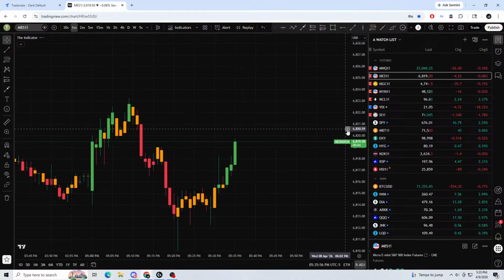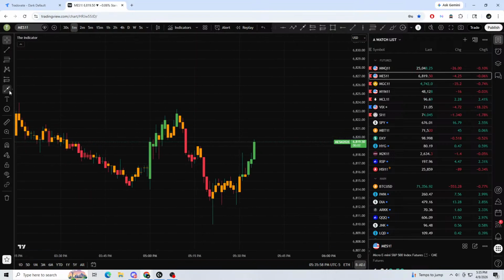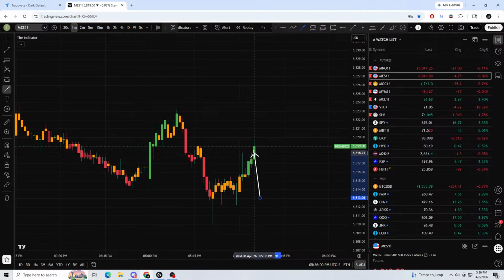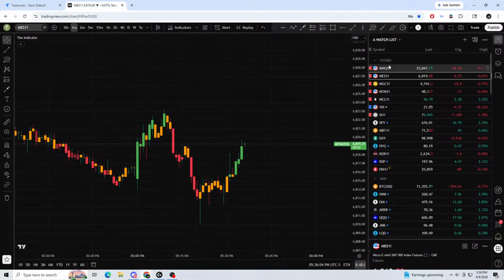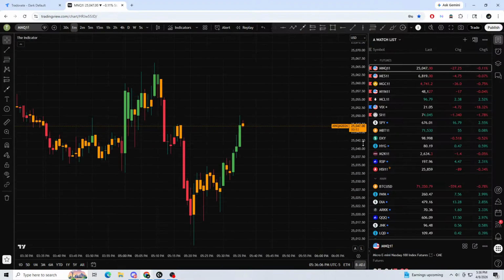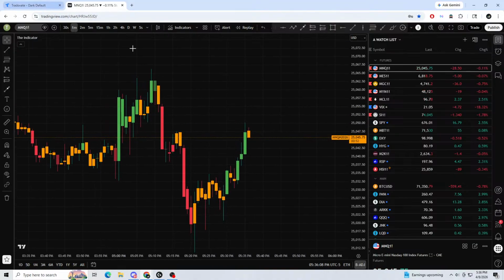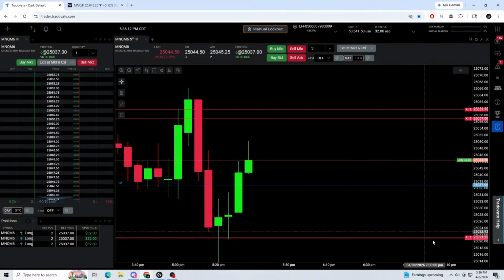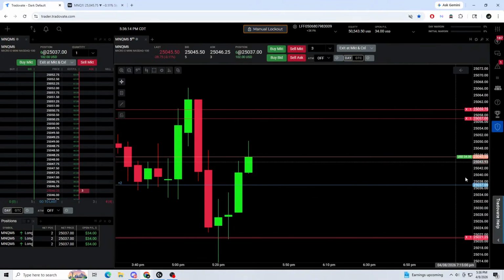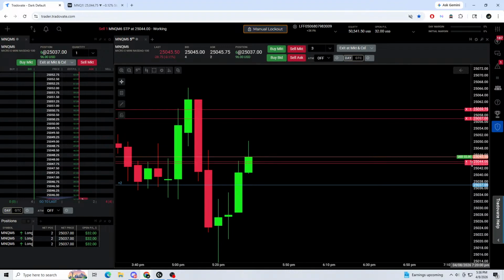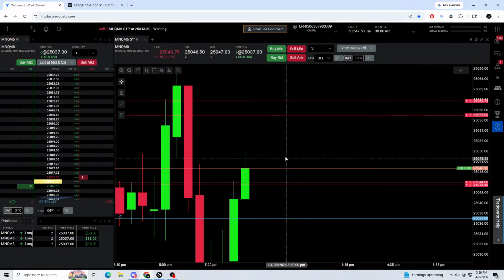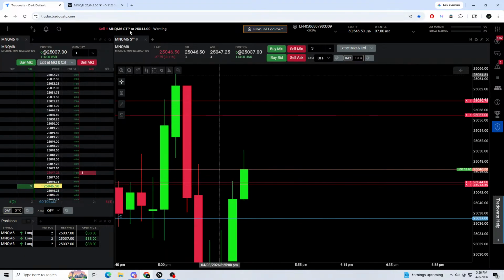Let's see what ES is doing. ES is also pushing bullish here. We have pretty much 3 bullish candles here. 3 minutes of bullish pressure, which is significant. And we're starting to see this orange candle, so we're starting to fizzle out. I don't know if this thing could just pop straight lower here.